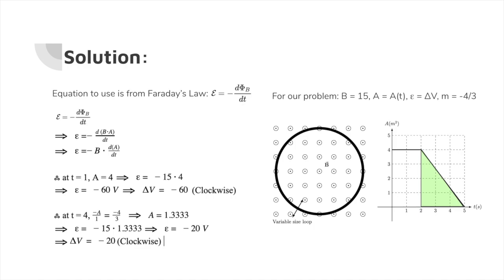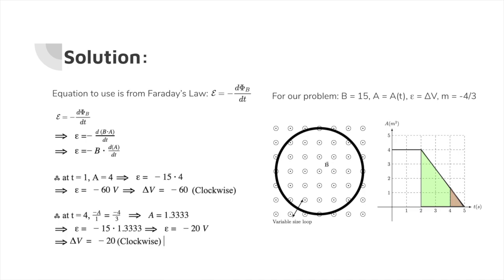So since it's linear, we know that the same thing can be said about this little section right here, which the y value will give us our A at time 4. So we can see that -4/3 is equal to -A over 1, and that gets us A is equal to 1.333 repeating.